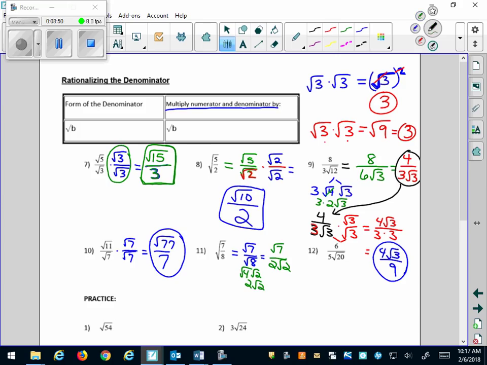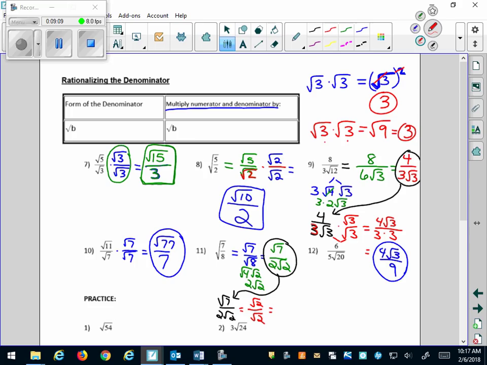Now we need to rationalize the denominator because we can't leave our answer like that. So let me rewrite it here. Multiply top and bottom by whatever is in the denominator, whatever's under the radical in the denominator.